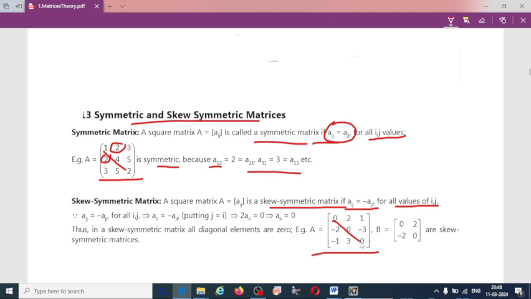Except for the diagonal elements, if you take the above and below diagonal elements, they are the same but opposite in sign. That is Aij equal to minus Aji. Here this is a 2 cross 2 matrix. And one more thing, in a skew symmetric matrix all diagonal elements are 0.